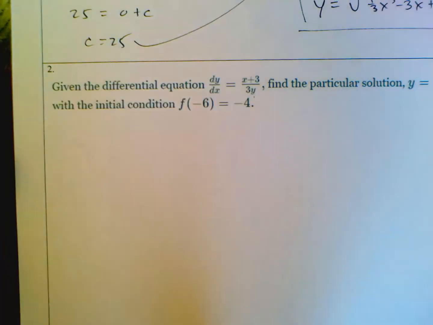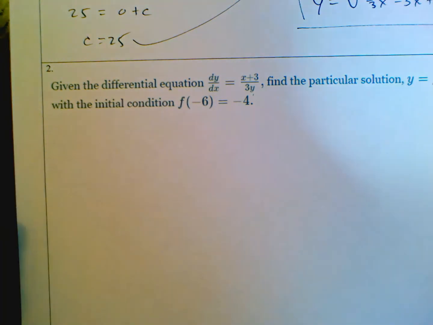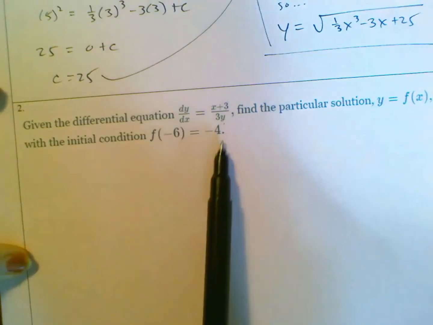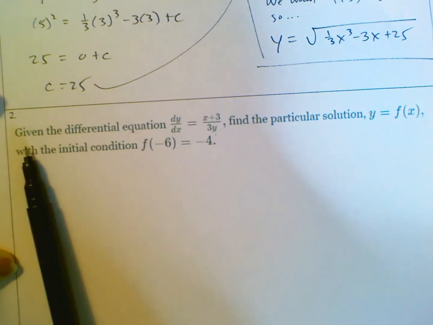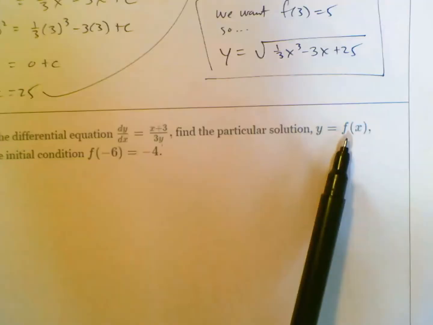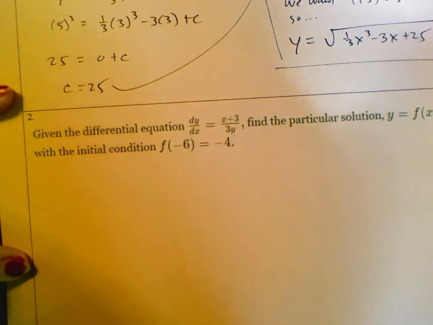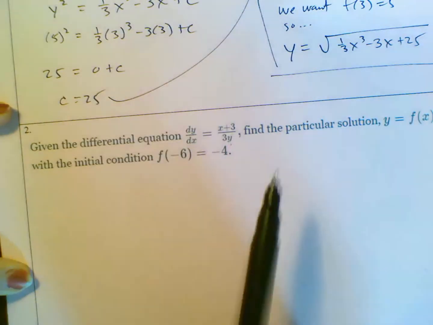Okay, let's do another one. And I think, again, I might have said to do 5 of these maybe, but I think you'll find them not super hard. So again, given this differential equation, find the particular solution y equals f of x with this initial condition this time. So same as before, we want to cross multiply.